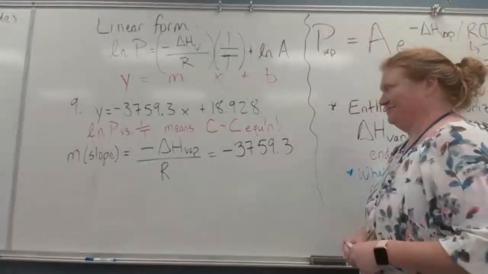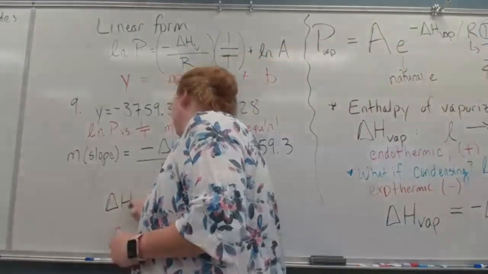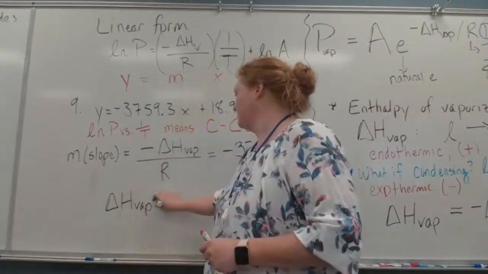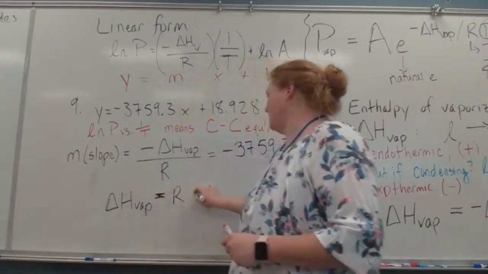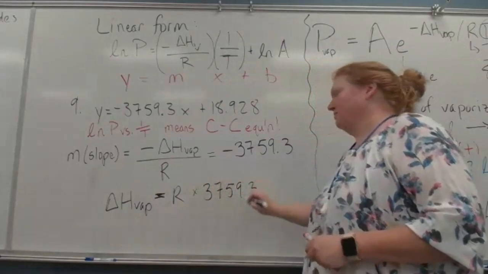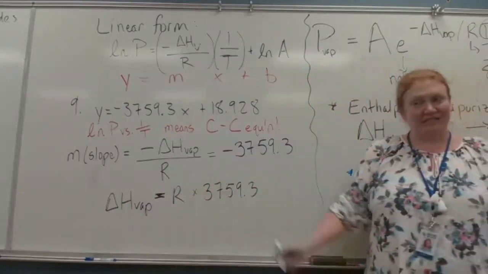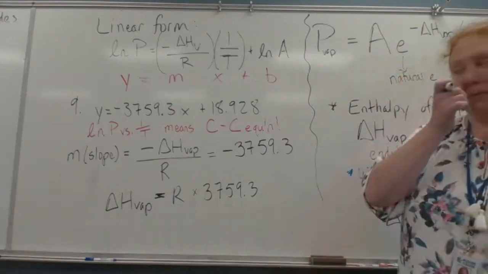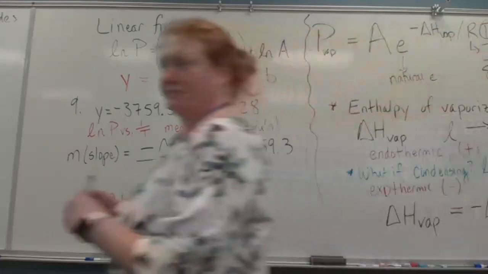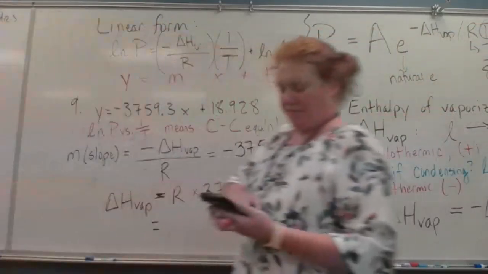So how do you solve for delta H of vaporization? You really just have to do R times 3,759.3, right? That's it. Which is what? That sounds about right.